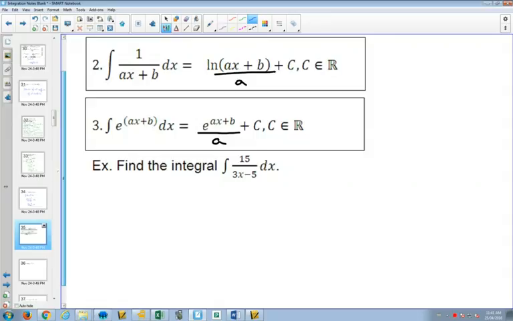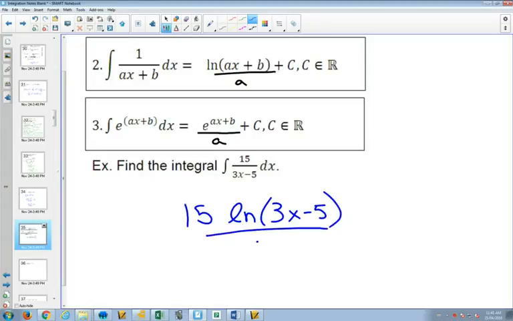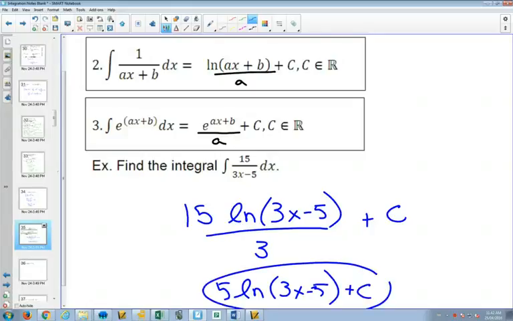Then I can do my integral. 15 natural log of 3x minus 5. And then because of that 3, there'd be a chain rule. So to compensate, you'd have to divide by 3. Remember to add c, so we're going to get 5 natural log of 3x minus 5 plus c.